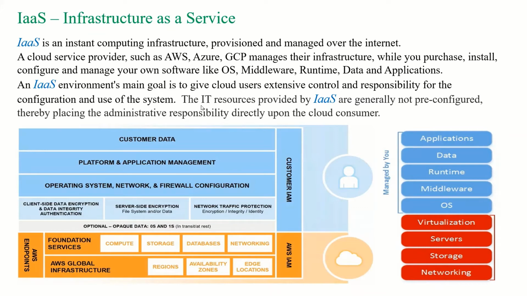A cloud service provider such as AWS, Azure, GCP manages their infrastructure, while as a user, you purchase, install, configure, and manage your own software like operating system, middleware, runtime, data, and the applications. So this particular example fits very well with our EC2 instances, the virtual machines, what we have created. So it is an IaaS type of delivery model.